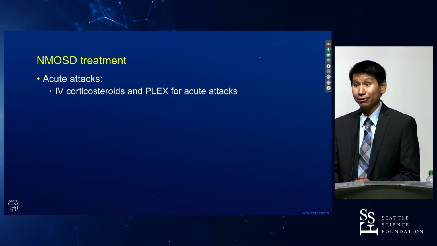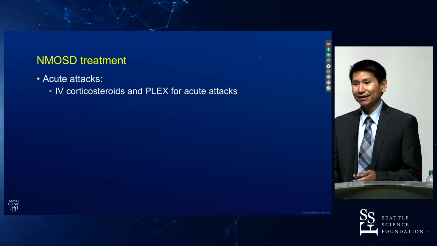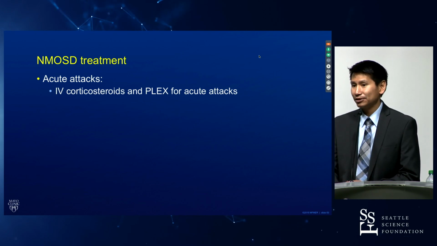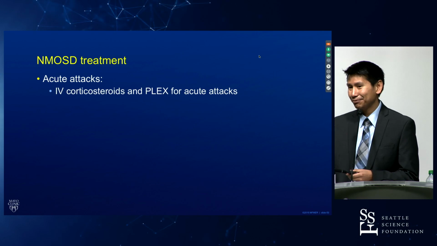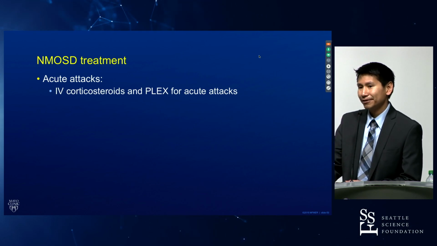Obviously, if they're coming with no light perception, really bad vision, chances are they're still going to recover. But obviously, if they come in with severe optic neuritis, we tell them that there's a chance they won't recover. But we do tell them, we try to paint an optimistic picture, and yet with enough caution that they may not recover.